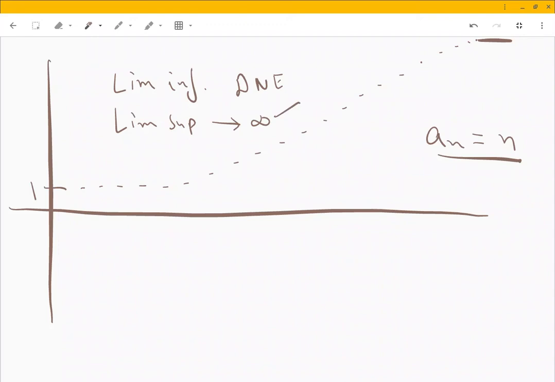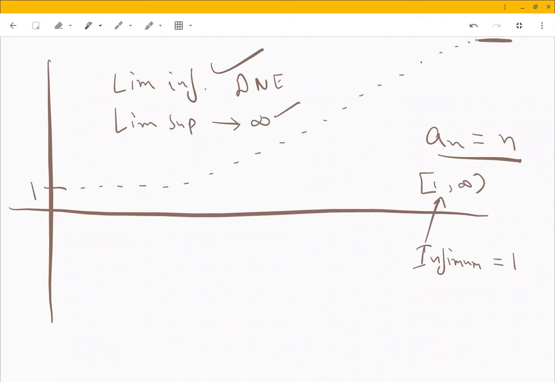However, if you look at the range of the sequence and if you form a set, that set would be 1 to infinity. Now this set itself has an infimum, which is 1. Limit inferior does not exist.